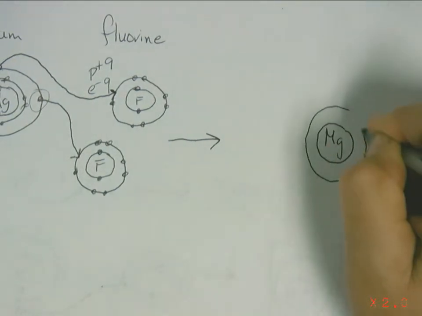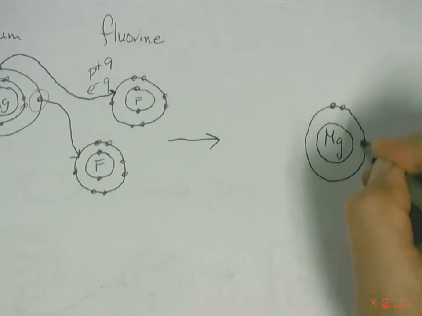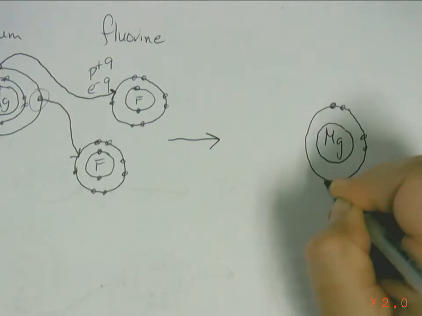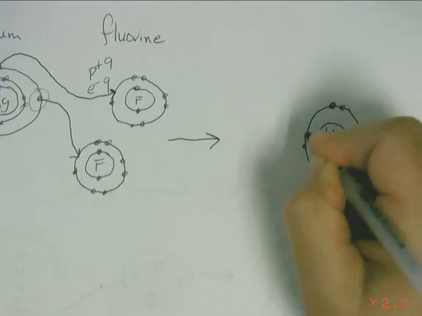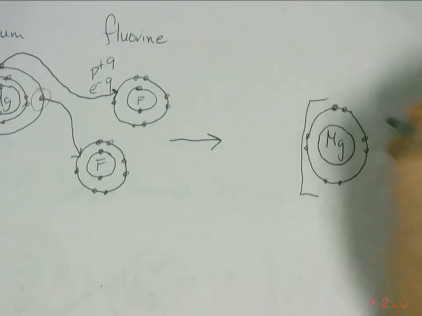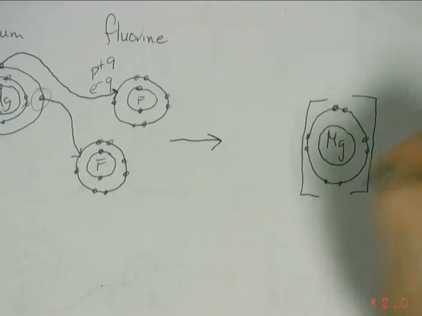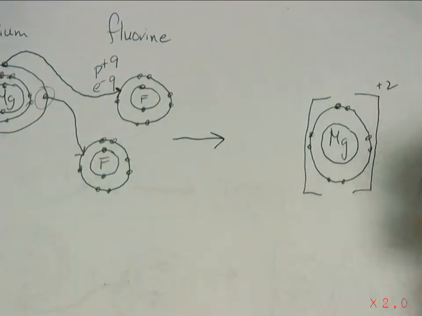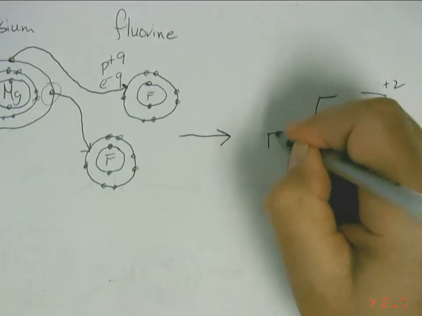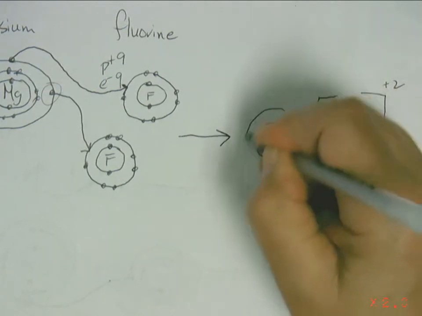I'm going to start with magnesium in the middle. It's lost its 2 electrons now from its outer energy level, and it has an overall charge of +2. And then I can put the fluorine over here now that it has a complete valence shell.